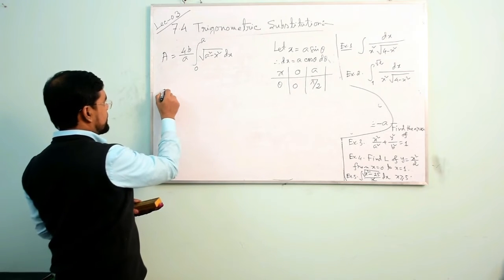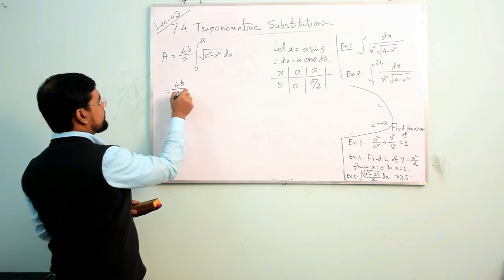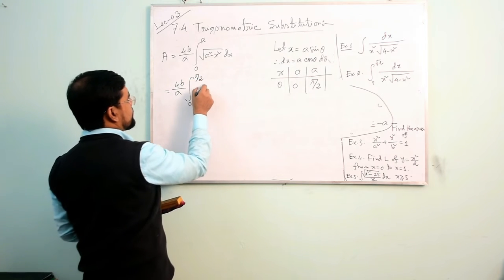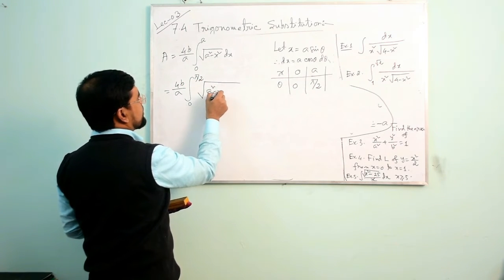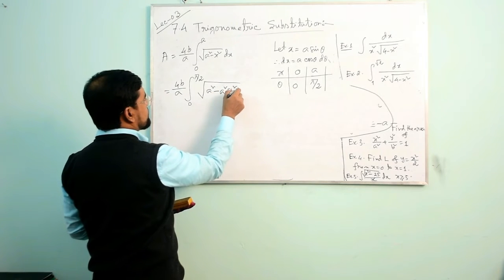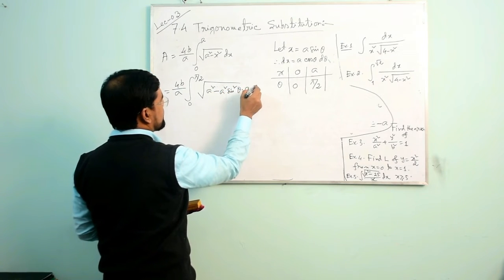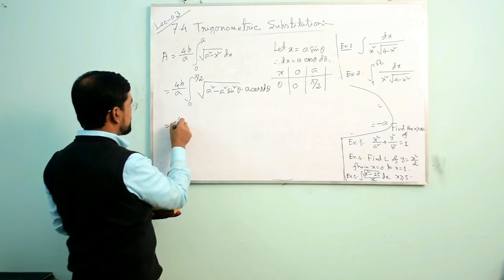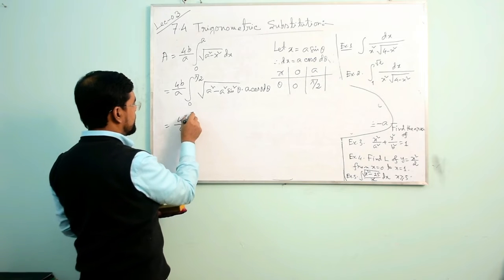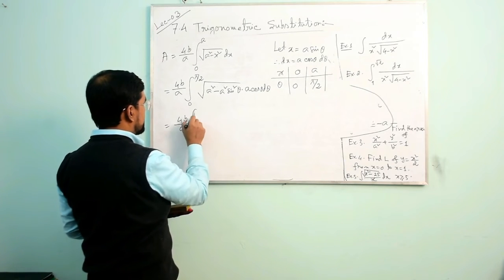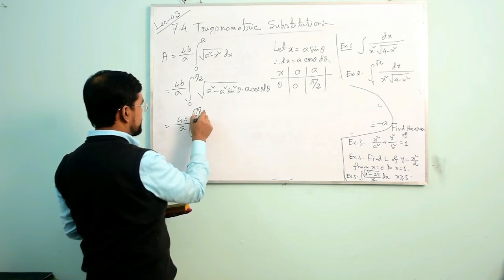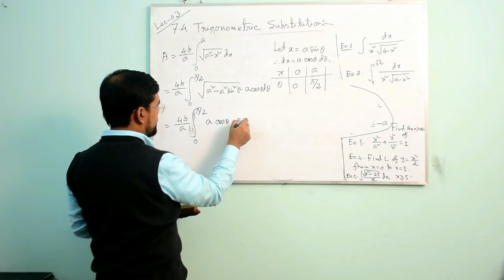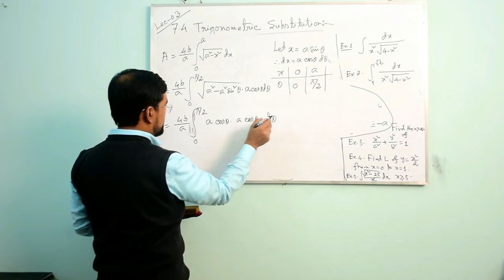Therefore this integral becomes 4b by a integral 0 to pi by 2 root a square minus a square sin square theta, and dx equal a cos theta d theta, which is equal 4b by a integration from 0 to pi by 2 a cos theta d theta.